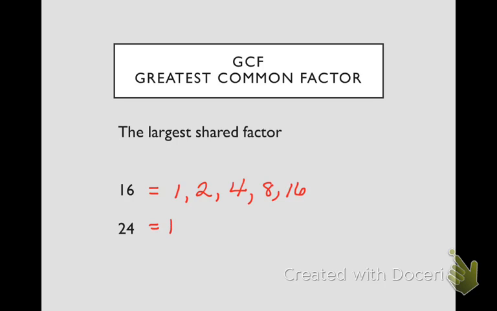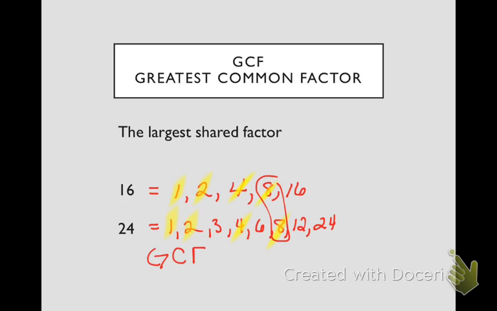Now 24 would be 1 and 24, 2 and 12, 3 times 8, and 4 times 6. So what I'm looking for now is the largest shared factor. So they both have 1, both have 2, both have 4, both have 8. So the GCF here would be 8. Greatest common factor, because it's the greatest factor that they have in common.